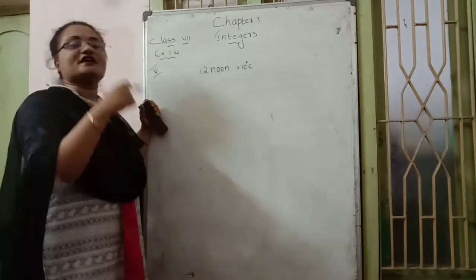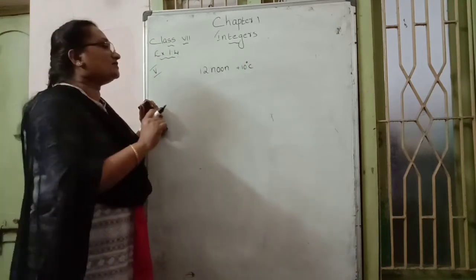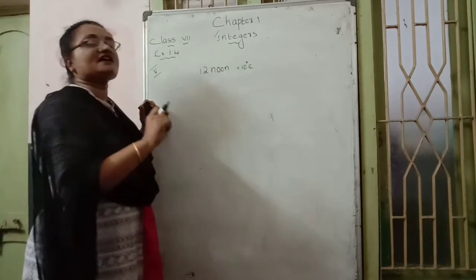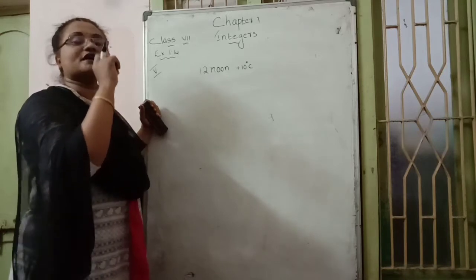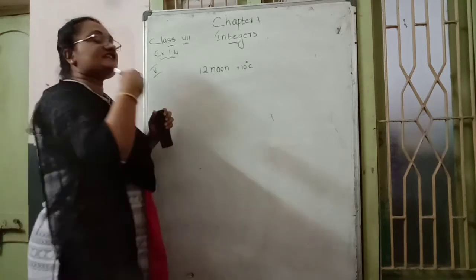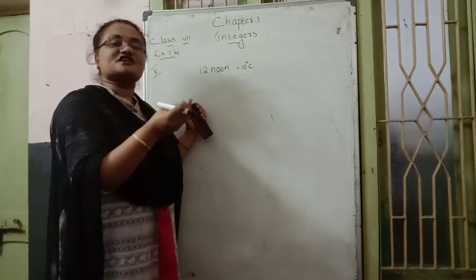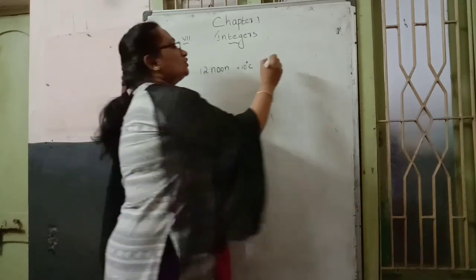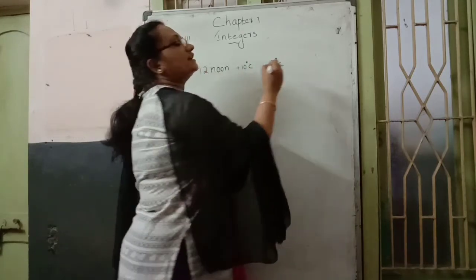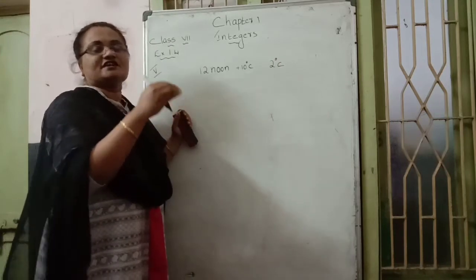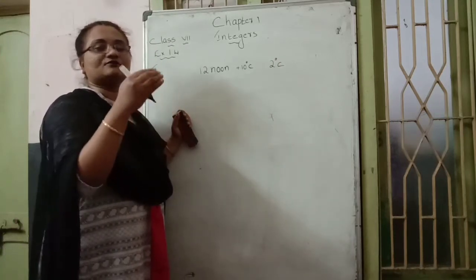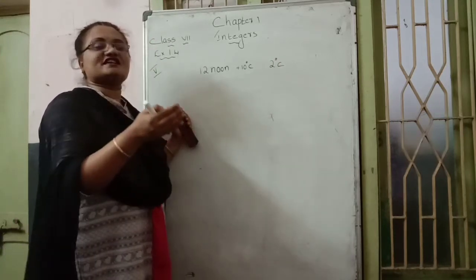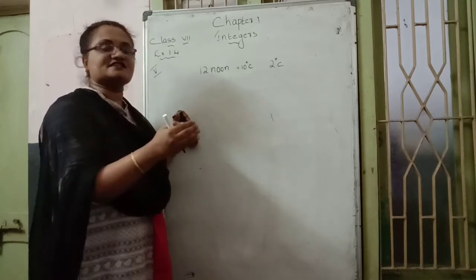Remember, at 12 noon the room temperature is 10 degrees Celsius above zero. Then each hour, 2 degrees Celsius were decreasing.